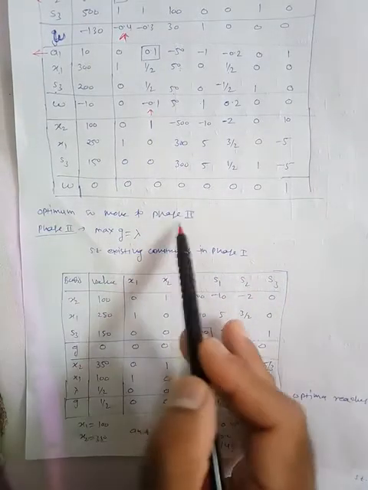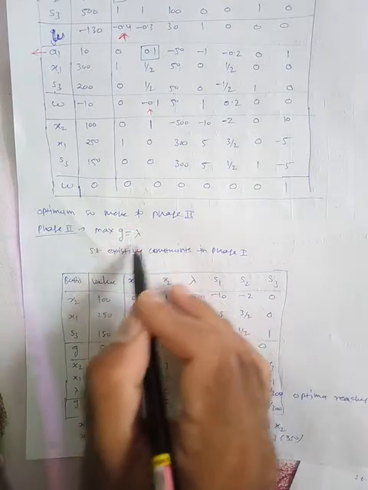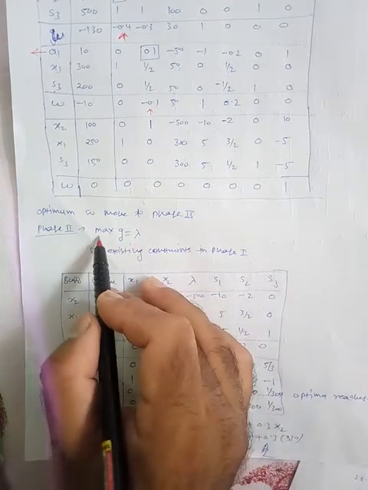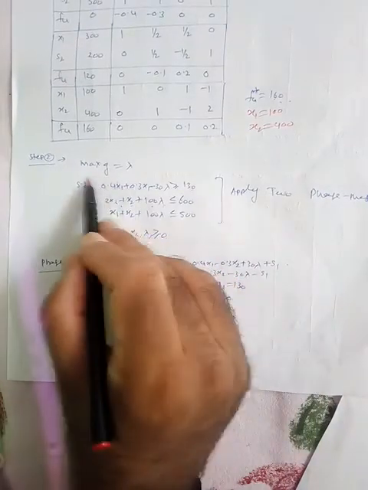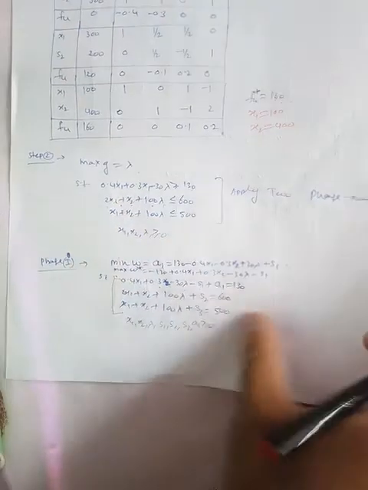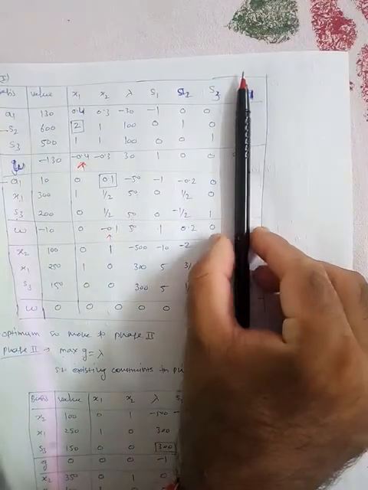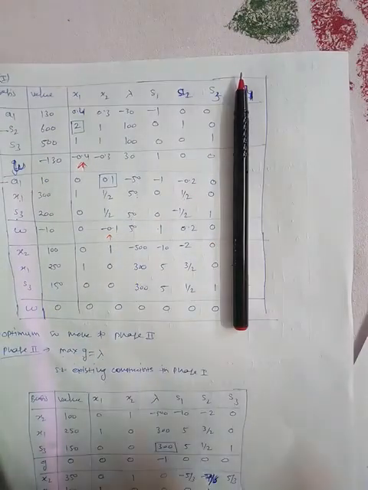Now we move to phase 2. In phase 2, the objective function is as it is, maximum G equals lambda, the original one, subject to the same constraints. Here we consider the last table except the column associated with the artificial variable A1. You remember we used to delete it, and the rest we keep as it is.